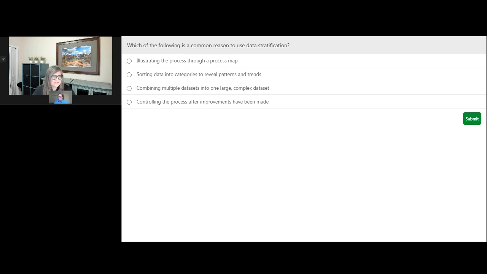So your options are, the first, illustrating the process through a process map. Second, sorting data into categories to reveal patterns and trends. The third is combining multiple data sets into one large complex data set. And the last option is controlling the process after improvements have been made.